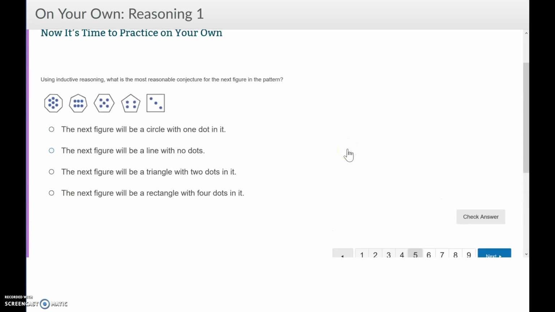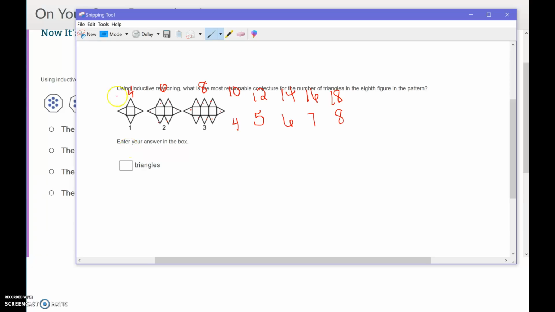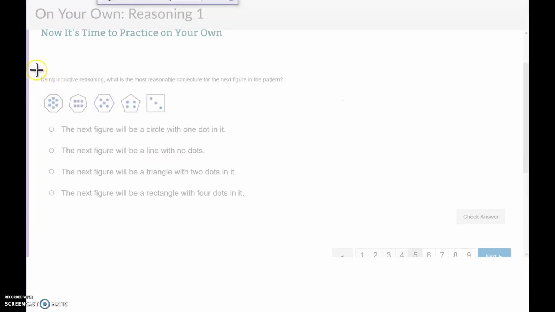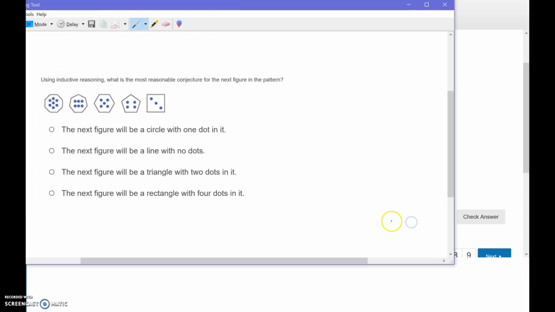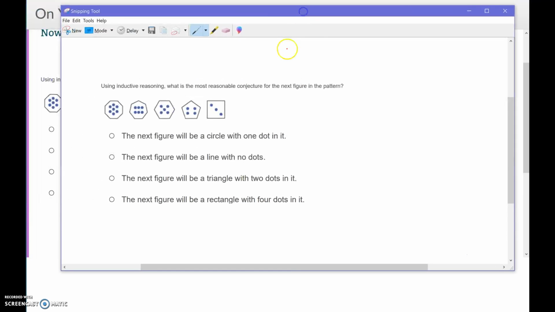Alright, we're going to use inductive reasoning, which is observation, to find the most reasonable conjecture for the next figure in the pattern. So, like I said, I like to draw on these. It helps me. So let's take a look at what's going on. This first figure is an octagon, which is 8 sides.